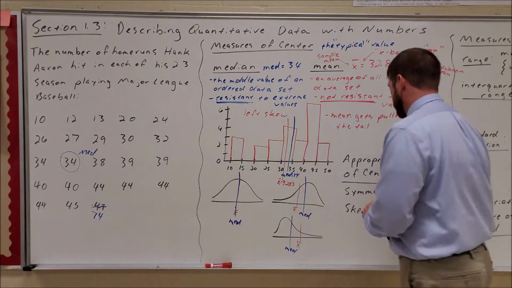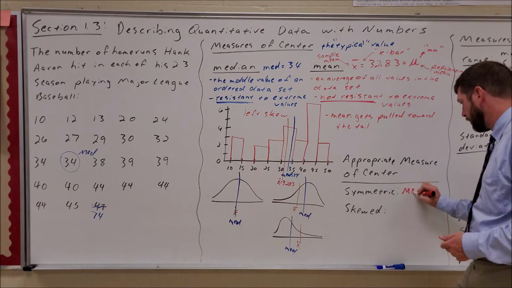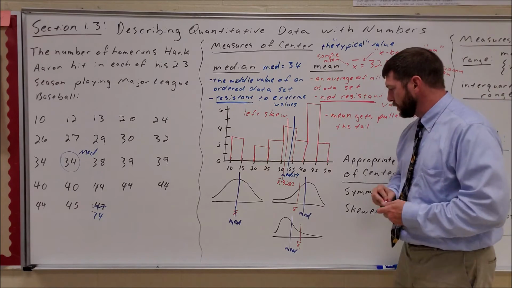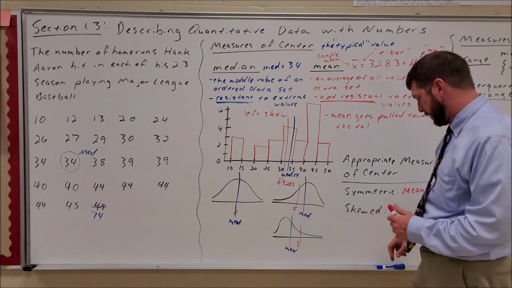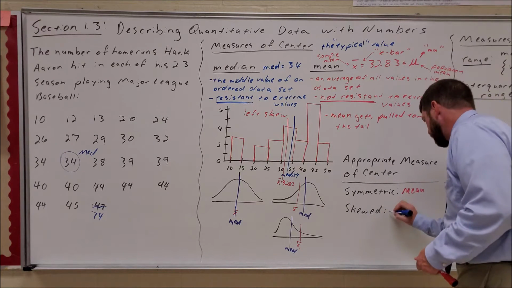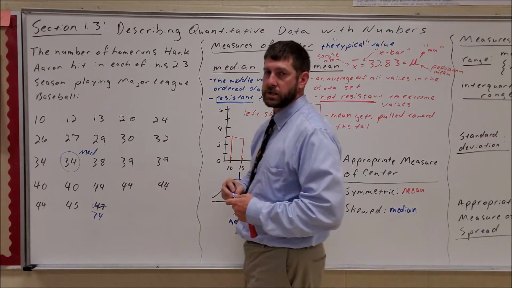For a skewed distribution, if we want what's really going on in the center, then we need to be using median.